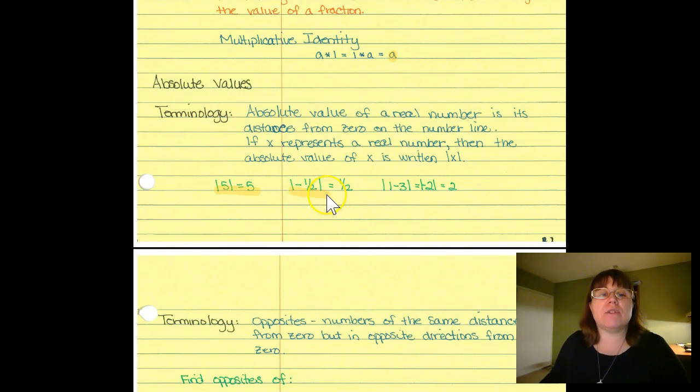The absolute value of negative 1/2 is 1/2. The absolute value of 1 minus 3, well, we have to do what's inside first so we can tell what numbers are sitting inside there. 1 minus 3 is negative 2. So the absolute value of negative 2, well, how far away is negative 2 from the origin 0? Well, it's 2 spots.